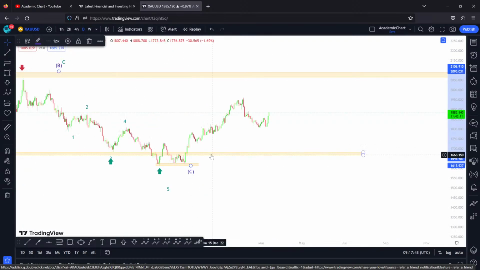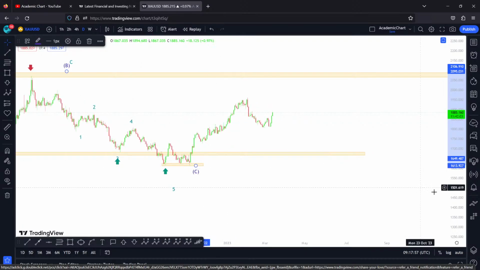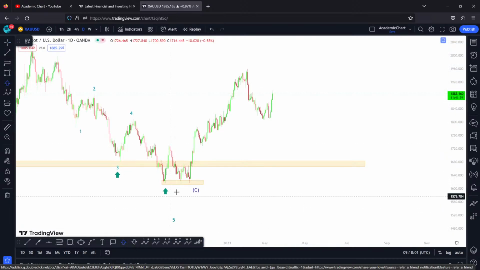So that's the reason it can be interpreted this way. But what is important to us is that this critical zone could not be broken, and it also created another critical zone as support with the triple bottom here, and then it came back to its original flat area.